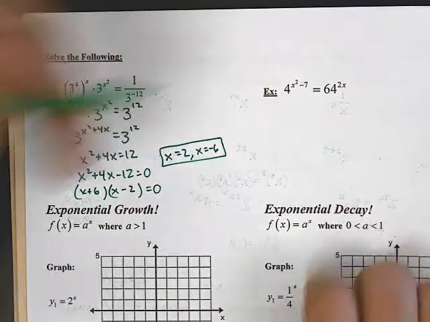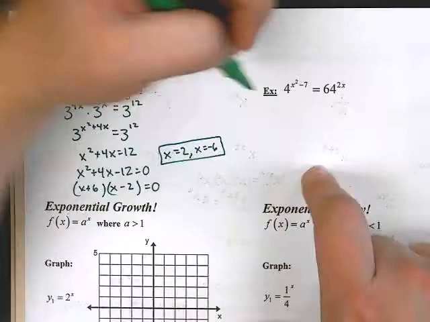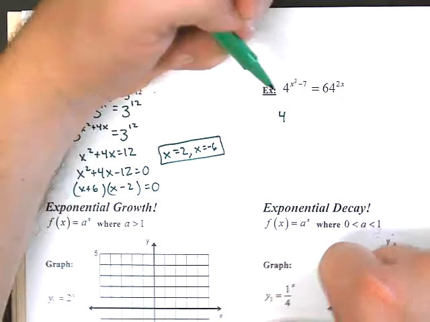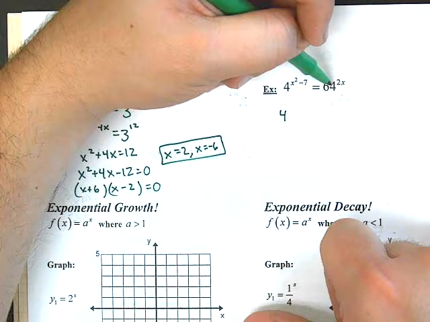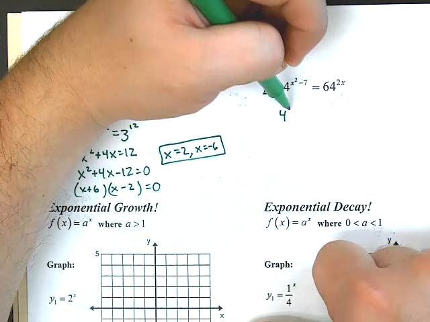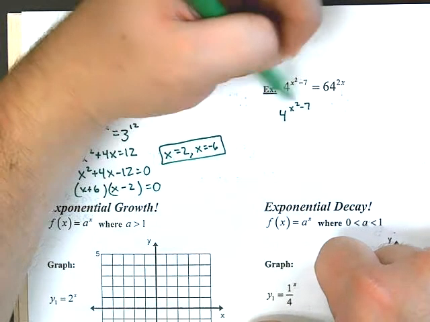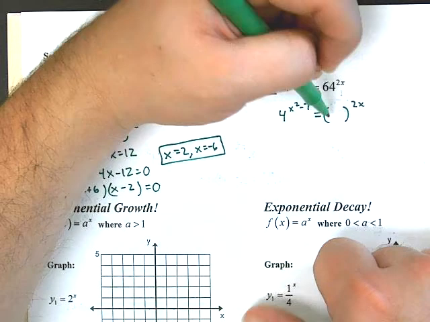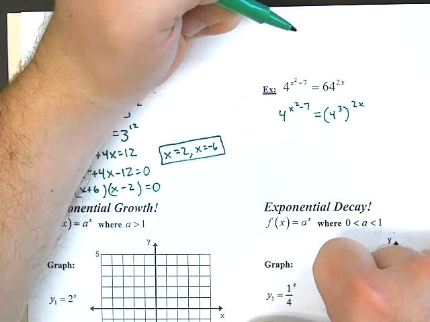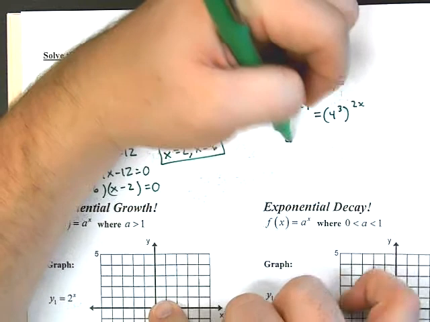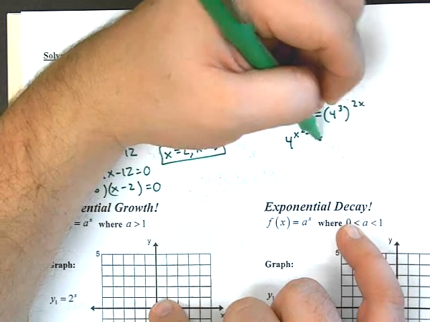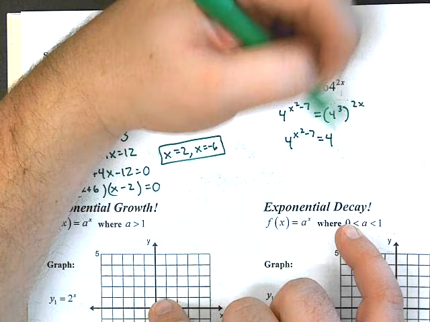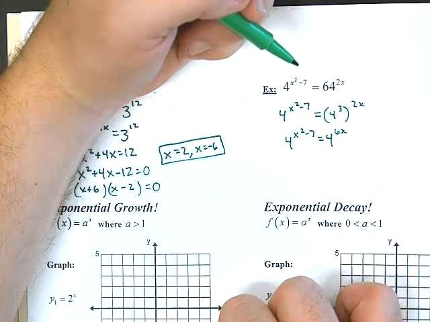All right, last one. Oh my goodness, they're going forever. So I can rewrite 64 as a base of 4. So let's do that. Let's keep this left side together. I'm going to change my 64 into 4 cubed. So 4 to the x squared minus 7 equals 4, and this is a power of powers, so I have to multiply.